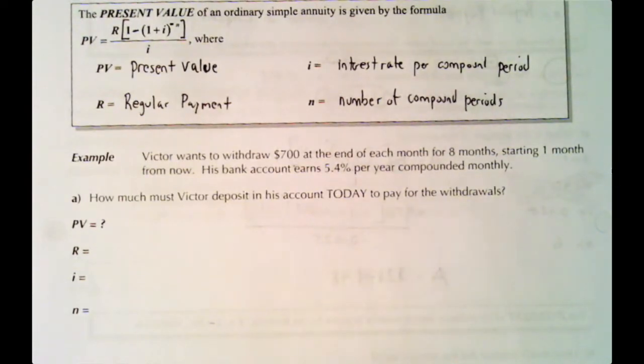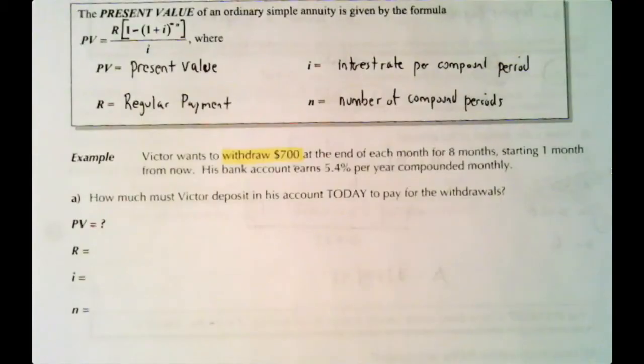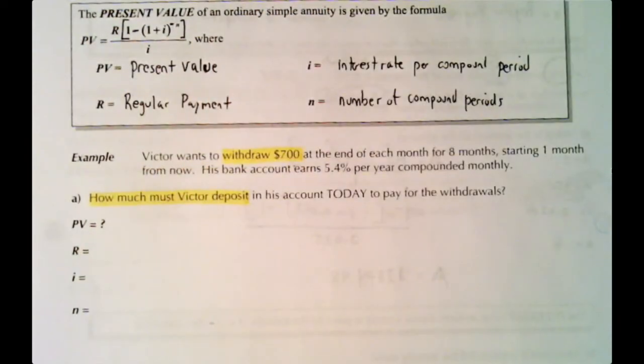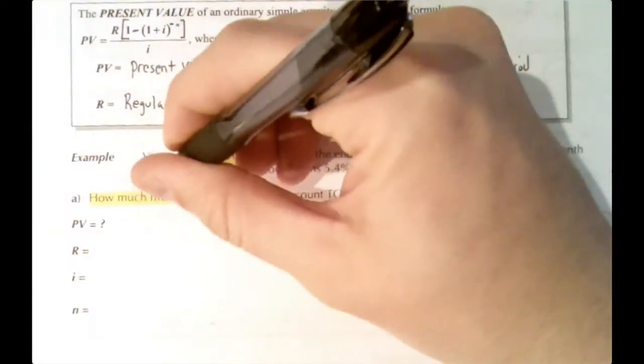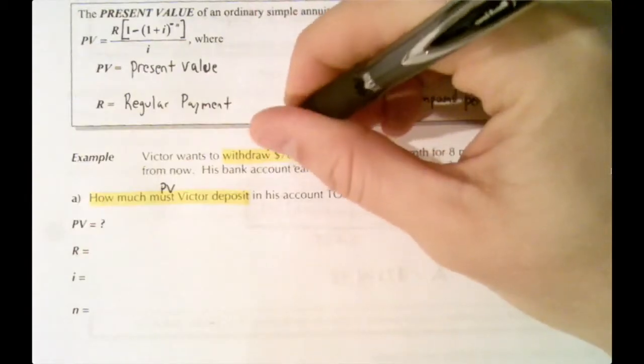Let's try to use the equation. Back to the Victor example. Victor wants to withdraw $700 at the end of each month. Withdraw $700. That is important because that's one of our variables. We want to find how much must Victor deposit. That's PV. We want to find that. The other dollar amount is R, the regular payment.